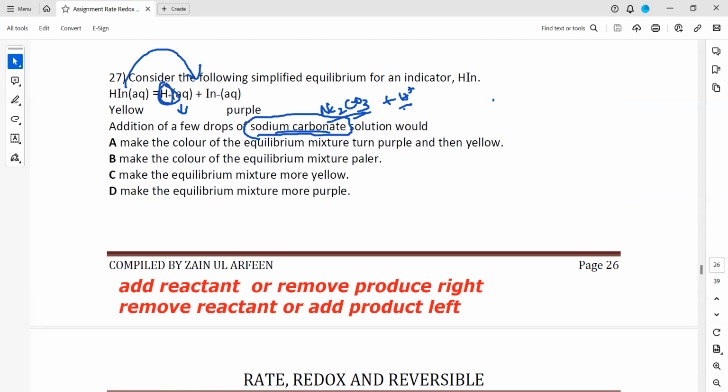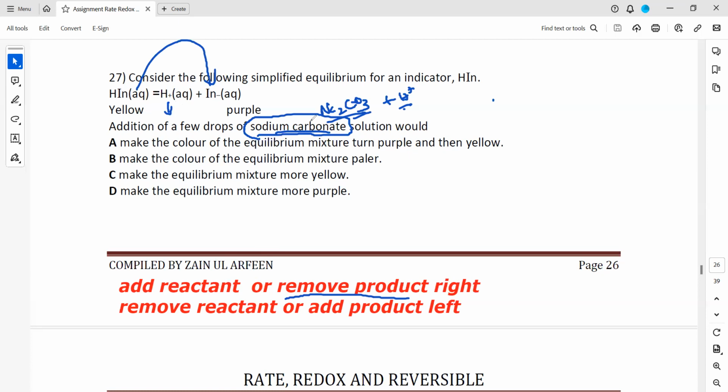So what is the acid here? The hydrogen ion, the protons. So when they react with acid, the amount of hydrogen ion in the mixture will decrease. If the amount of hydrogen ion in the mixture decreases, it means we have removed the product. So as we remove the product, where will the equilibrium shift? Equilibrium will shift towards the right hand side.